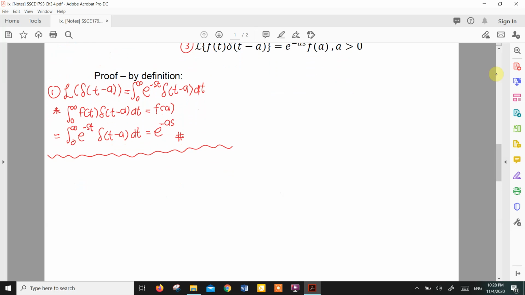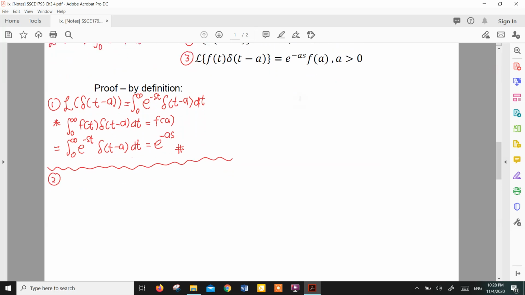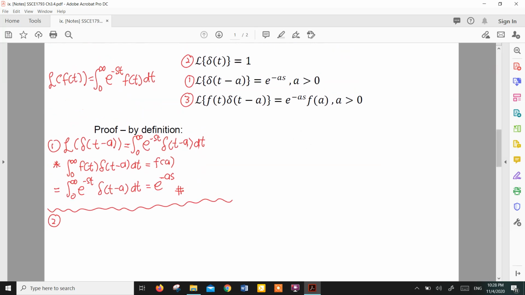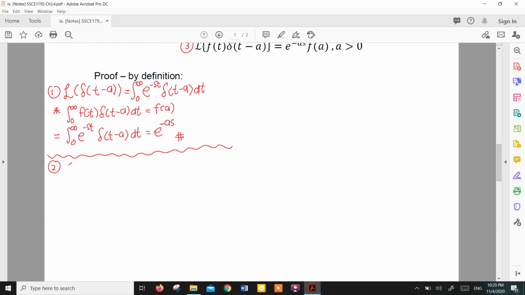Now the second formula that I'll prove is this one: the Laplace transform of delta(t) is equal to 1. So the Laplace transform of delta(t) is equal to, from the definition, the integral from 0 to infinity of e negative st delta(t) dt, right?